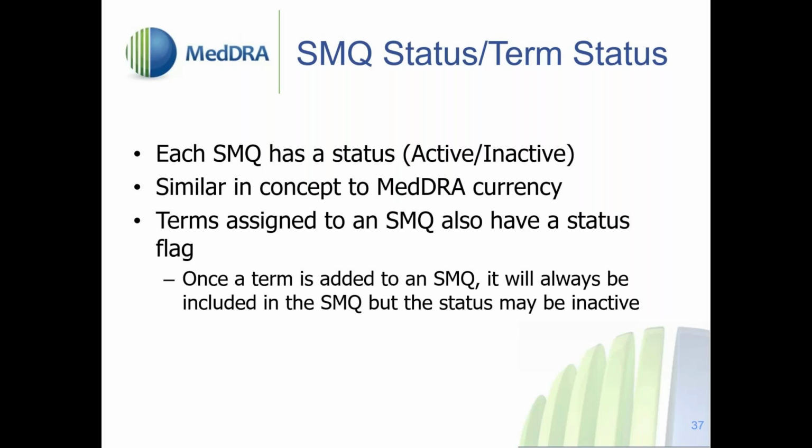That allows you to compare against legacy data. So you never lose the ability to know that when you ran this last time in that version, that PT was in there. Maybe that's why the results are now different. So when applying a current SMQ for data retrieval, you don't run it against inactive LLTs and PTs, because there's a reason why those LLTs and PTs were made inactive. They're just kept there for legacy purposes.